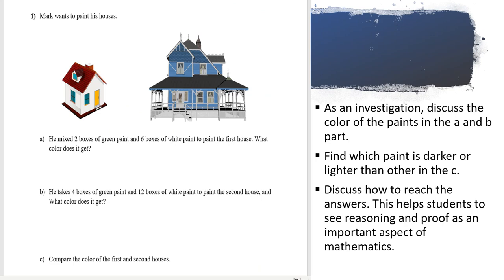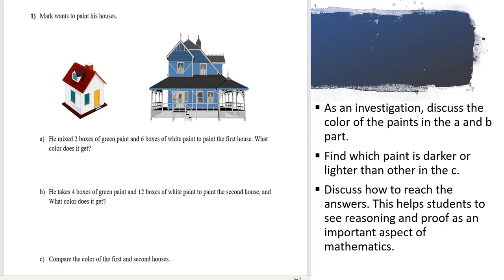As an investigation, I discussed the color of the paints in A and B. Let me explain the first question briefly. Mark wants to paint his houses, and he mixes 2 boxes of green paint and 6 boxes of white paint to paint the first house, and he takes 4 boxes of green paint and 12 boxes of white paint to paint the second house.